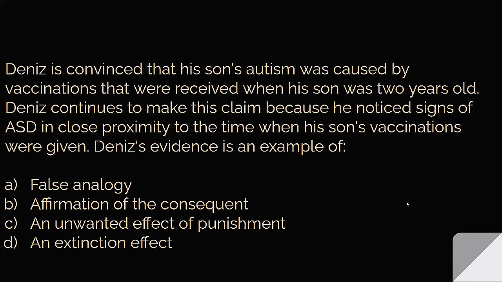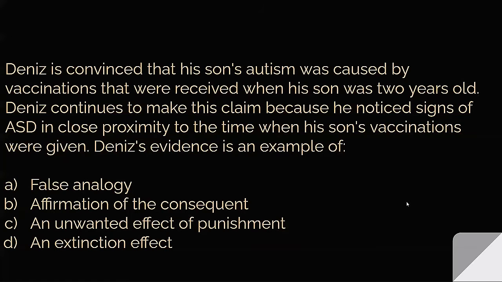I see more that we're talking about cause and effect. Denise says this vaccination caused autism. That's the cause and effect. So determinism might be another example, and I want to talk a little bit about reinforcement. But affirmation of the consequent does seem to make sense.